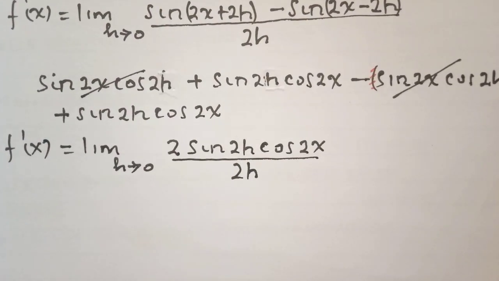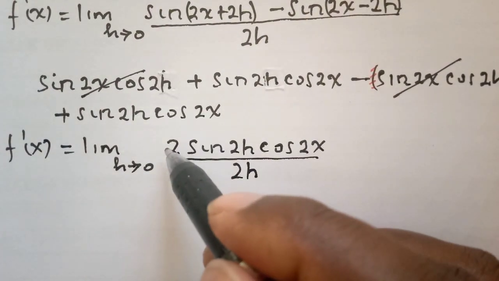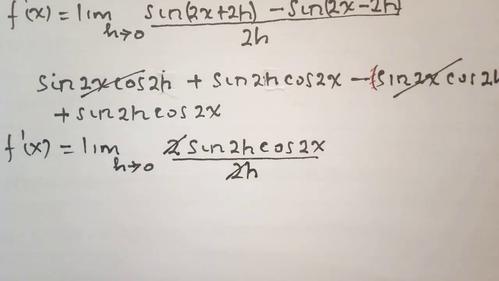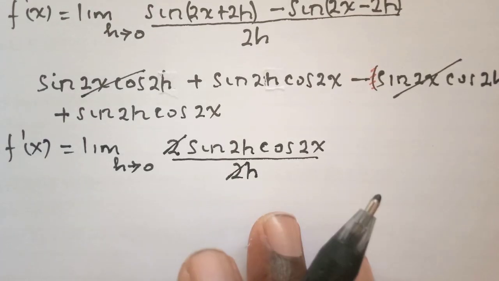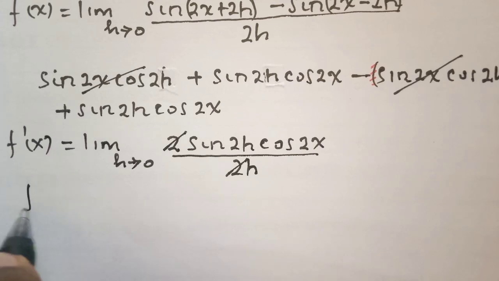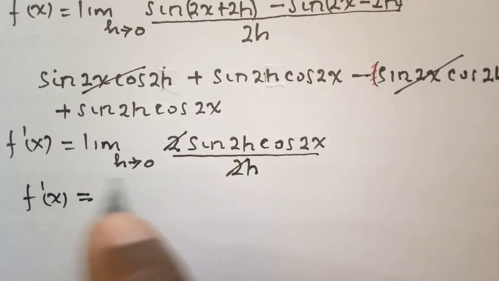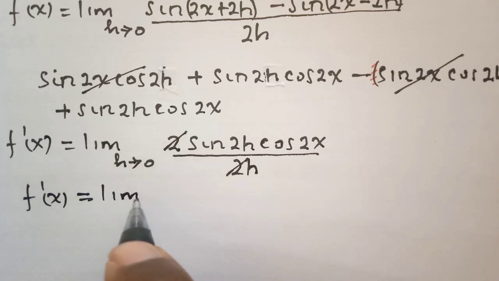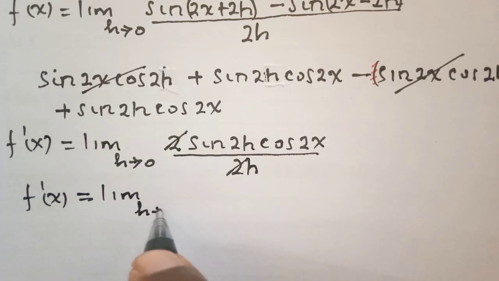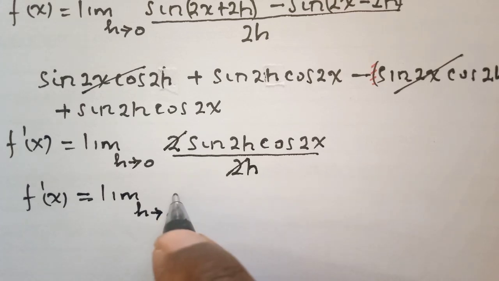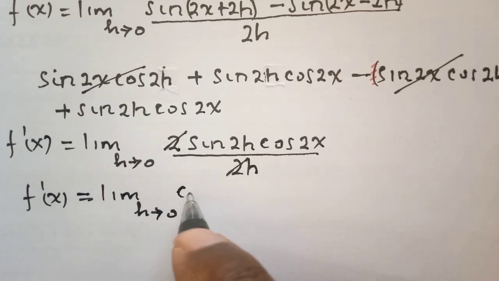So now guys, we can cancel the 2. Cancel the 2 there. Then we are left with, I can write again, f prime x is equal to limit h tends to 0. Then we have, I can first of all write cos 2x, like that.